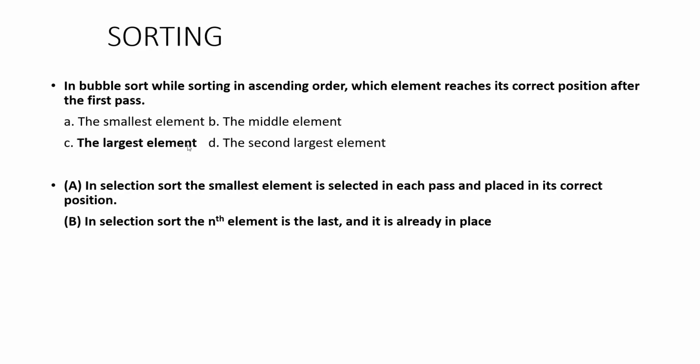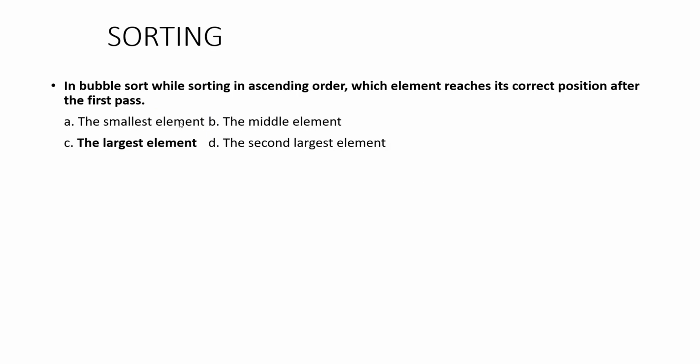Now, look at the options. The options are the smallest element, the middle element, the largest element, or the second largest element. The answer is, in bubble sort, the largest element will reach its correct position after the first pass.